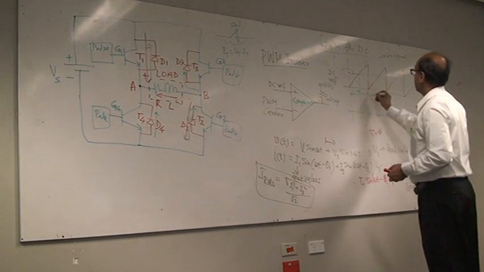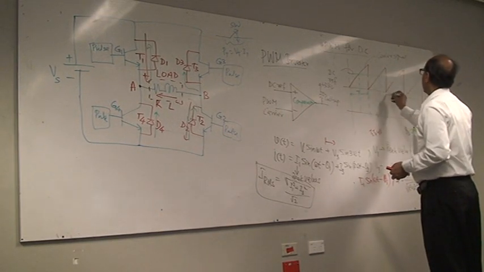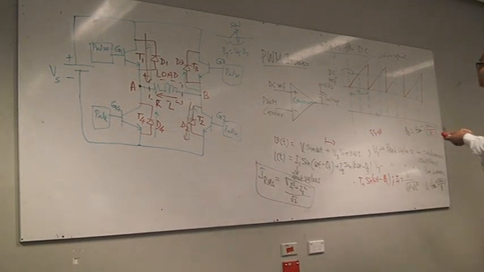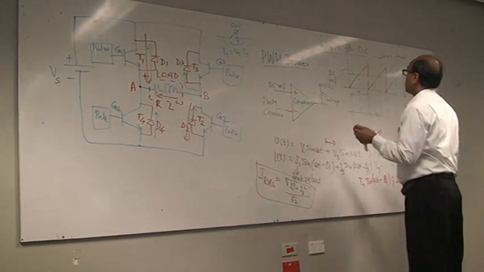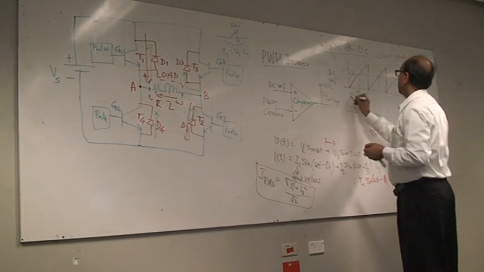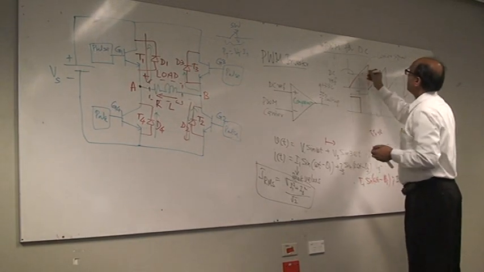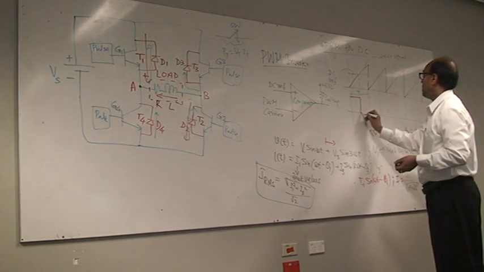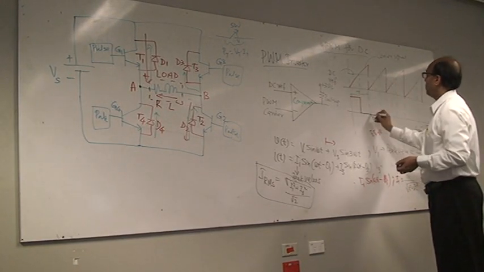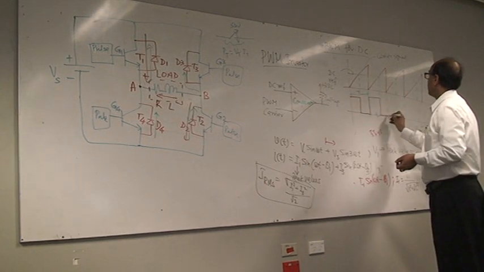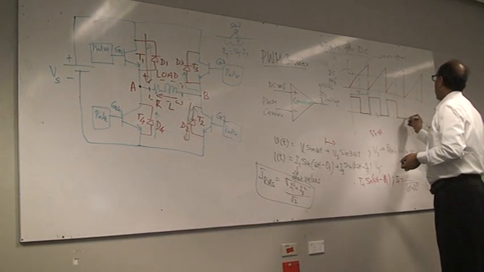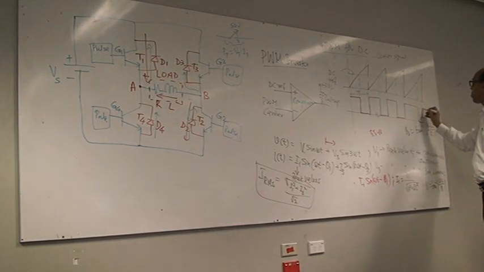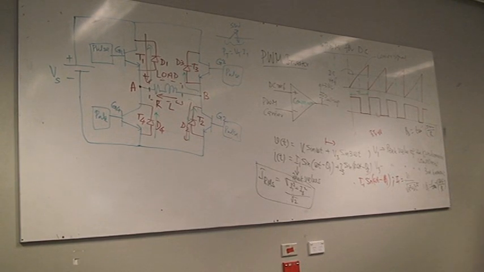A square wave, high or low? You start off low and you go high. When this is high, this should be high. At this stage my signal is low, DC reference is low, so I get low here, continue up to this, and again I go high. Everybody follow me? So that's your PWM.